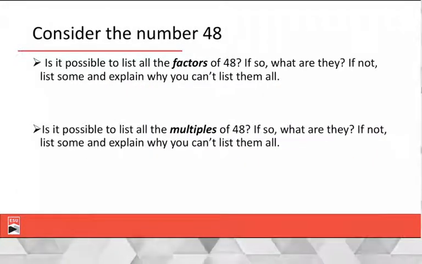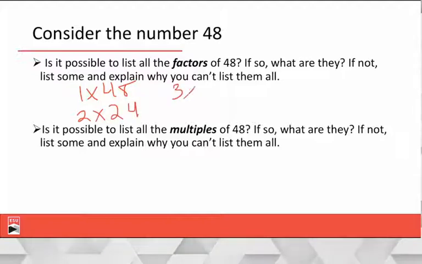And so it says, consider the number 48. Is it possible to list all the factors of 48? Well, sure. We just listed all the factors of 198. So we could do this here where we have 1 times 48, 2 times 24, 3 times 16, 4 times 12. 5 won't work. 6 times 8. 7 won't work.